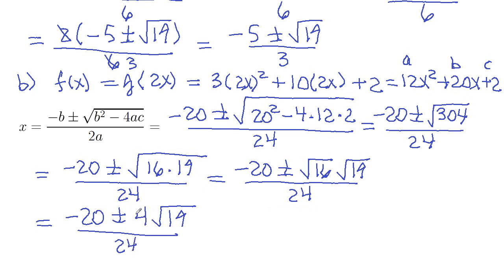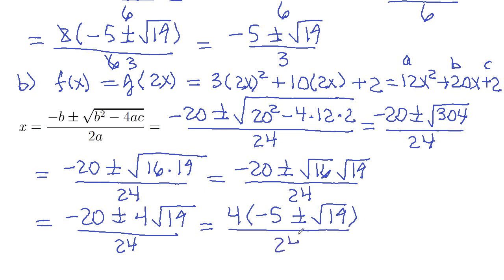And then notice that both of those terms in the numerator are divisible by 4, so we've got a common 4 we can factor out. Negative 20 divided by 4 is negative 5, plus or minus, this 4 comes out, we've got root 19 left, root 19, not 16. And then dividing by 24.